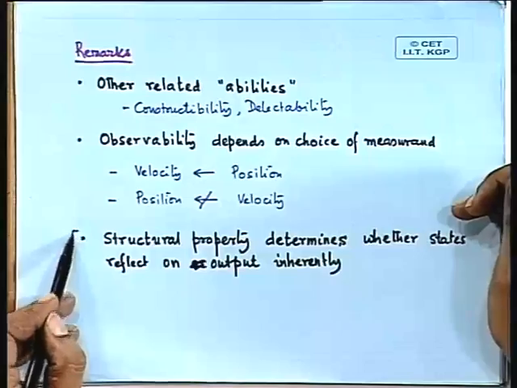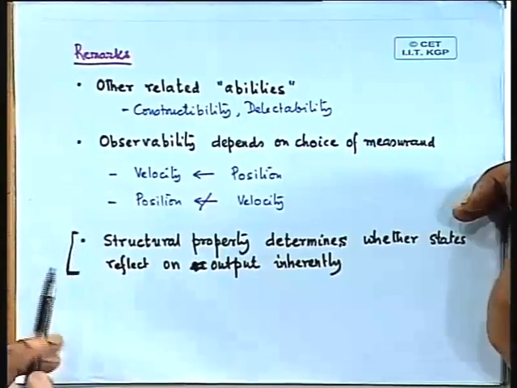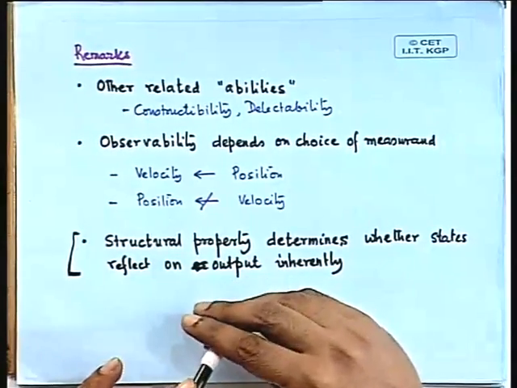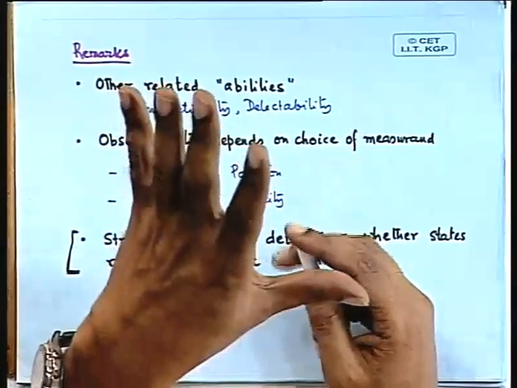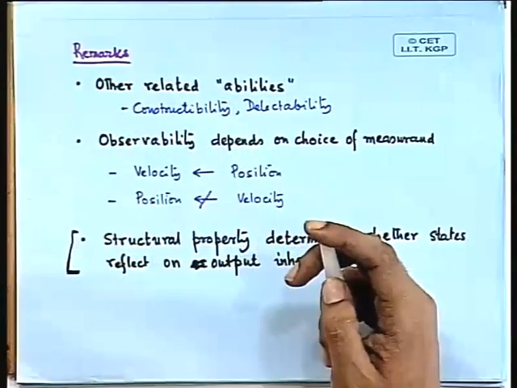So basically observability is more of theoretical interest, in the sense that it tells you structurally whether the system is such that, when a system is not observable, what happens?